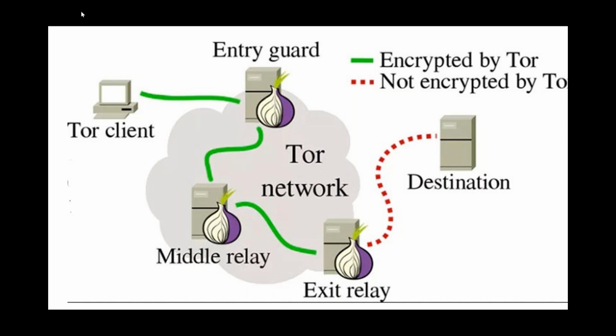The browser first sends the data to the first guard node in the circuit. The guard node will send your data on to the second one, which is the middle relay, and the middle relay will send the data to the third one, and finally the exit node will send the data to the website server. The server sends its response back through the exit and the entry node.